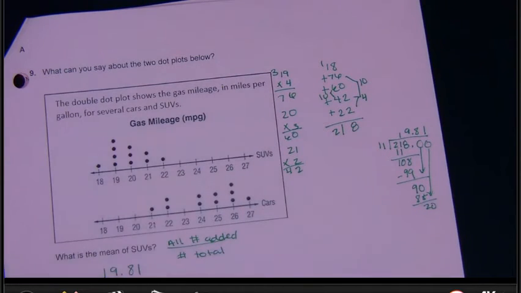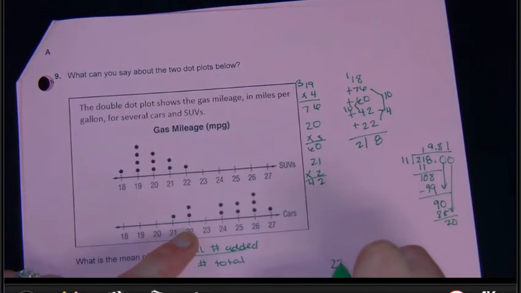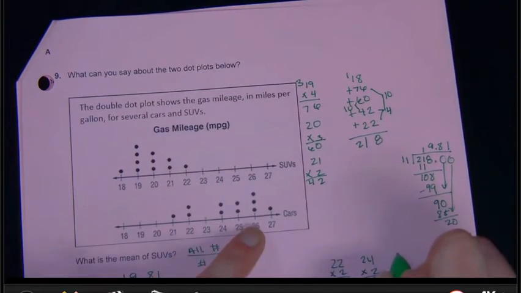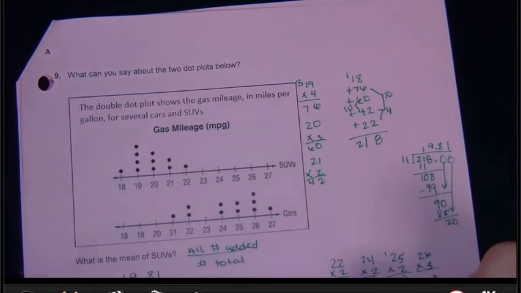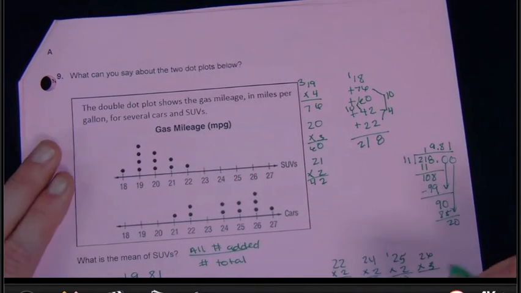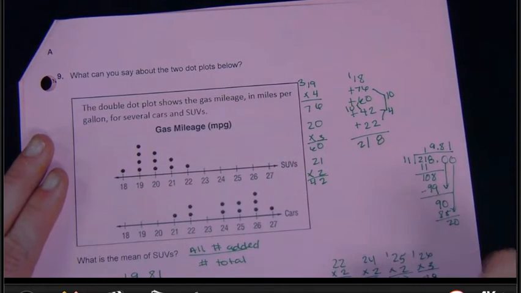Okay. All right, let's do the same thing for the cars. Now I see that I have 1 here, but I have 2 at 22. So I'm going to go over here off to the side. So 22 times 2 is 44. 24 times 2 is 48. 25 times 2, well, 5 times 2 is 10. 2 times 2 is 4, plus 1 more is 5. 26 times 3, well, 6 times 3 is 18. 3 times 2 is 6, plus 1 more is 7.